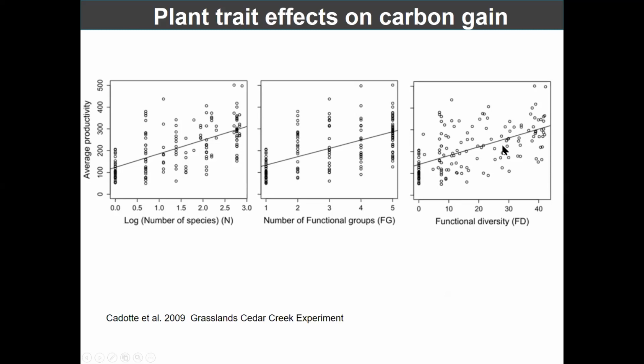These functional diversity metrics can be estimated from the different traits within the community. So it's important to highlight that it's not only species richness that matters, but there are also other components of biodiversity that are able to explain different rates in carbon gain.